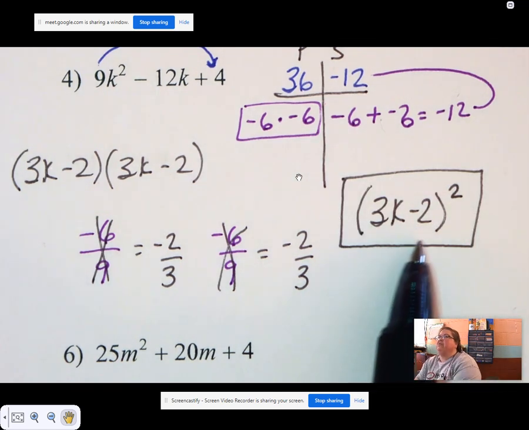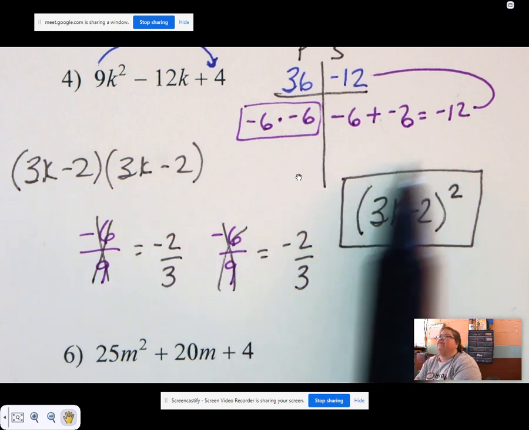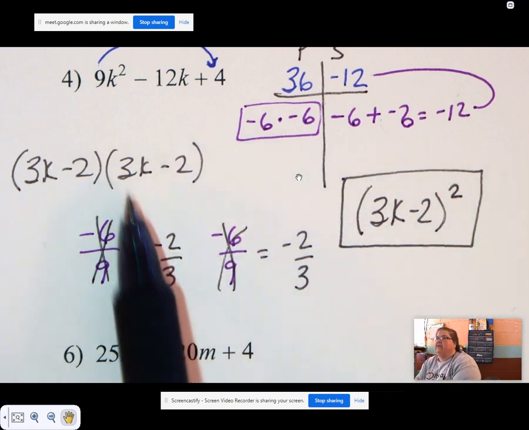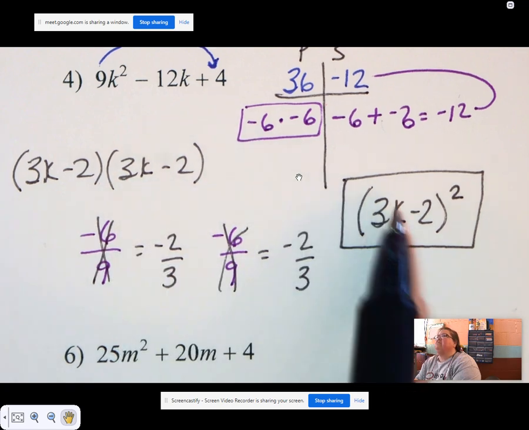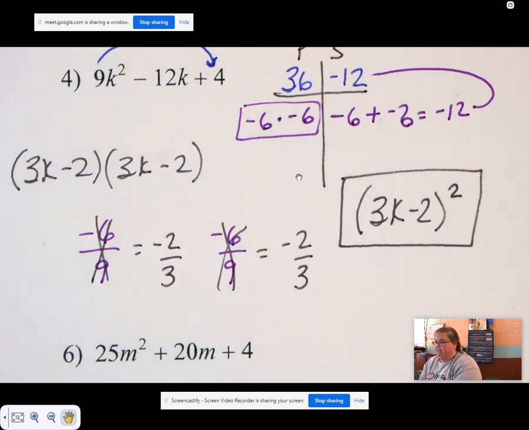And this must be your final answer. This is correct. This is the best answer. 3k minus 2 squared. Best answer. Number 6.